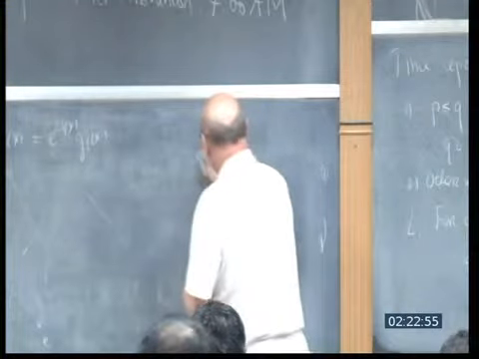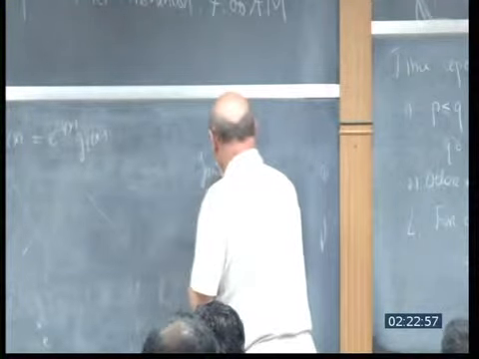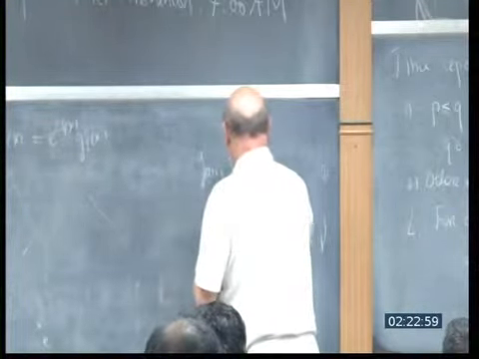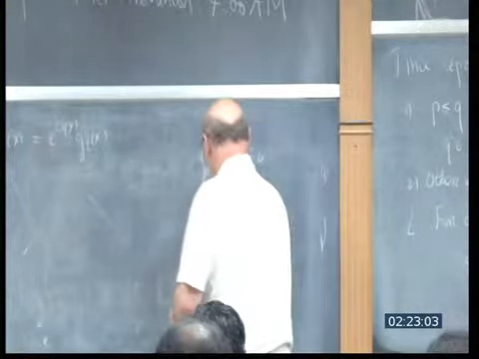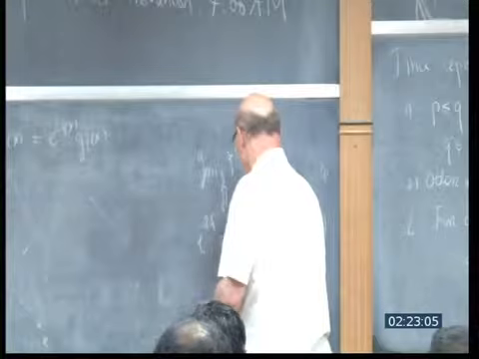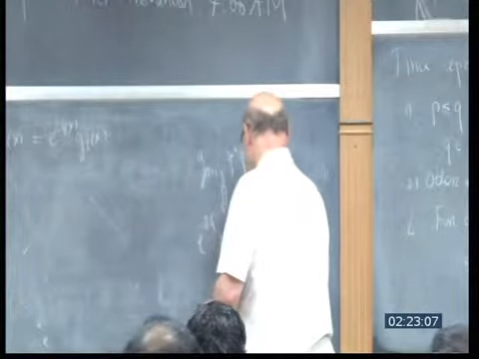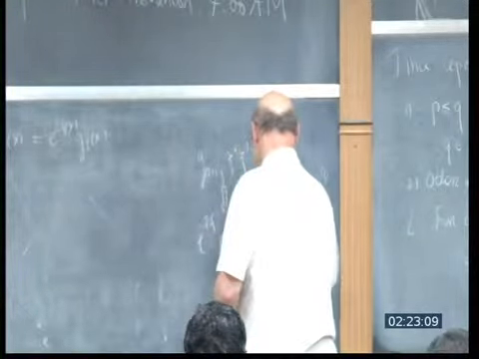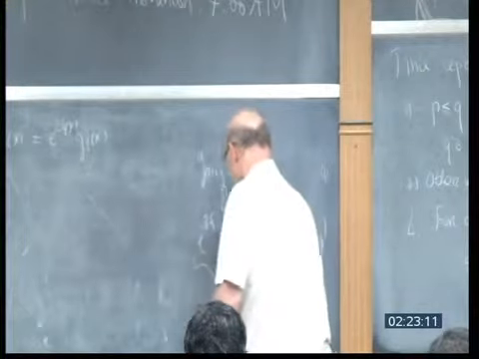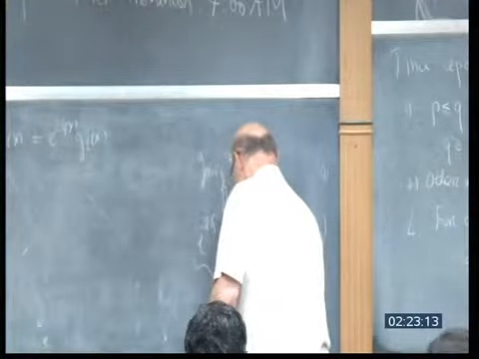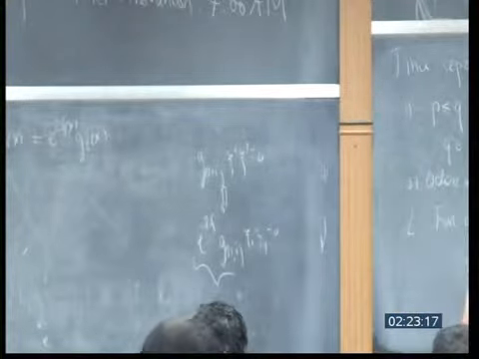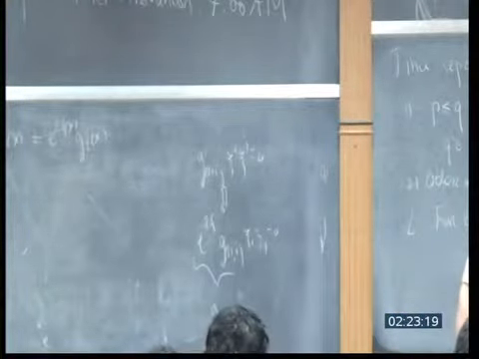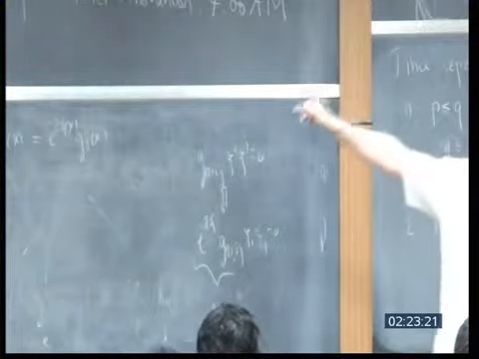So you have g1 ij xi_i xi_j equals 0, then of course this is the same as e to the power 2f g1 ij xi_i xi_j equals 0, but this is for g2. Conformal transformation doesn't change light cones.